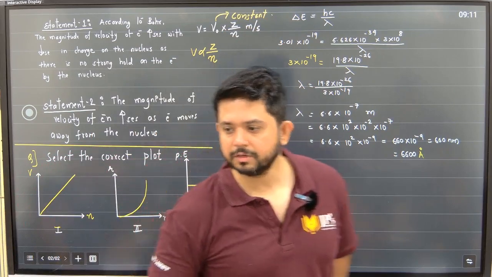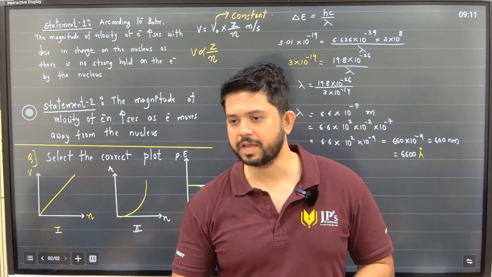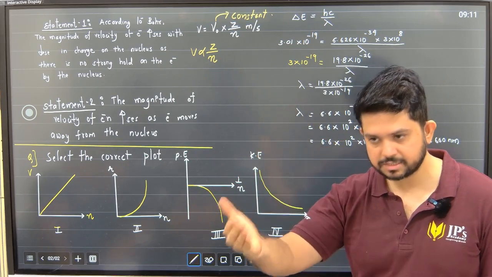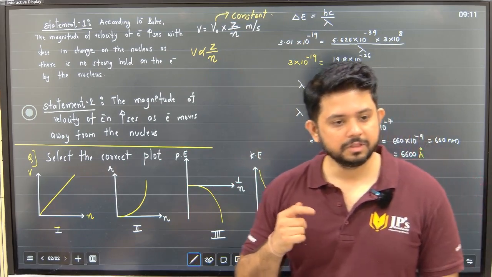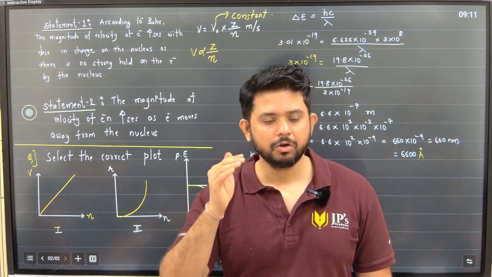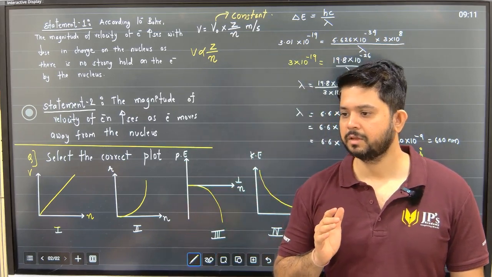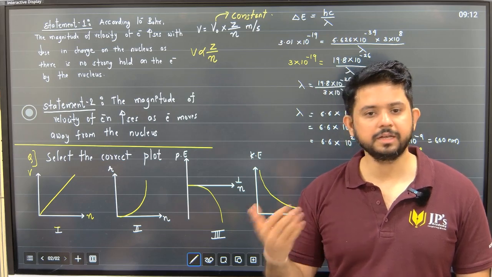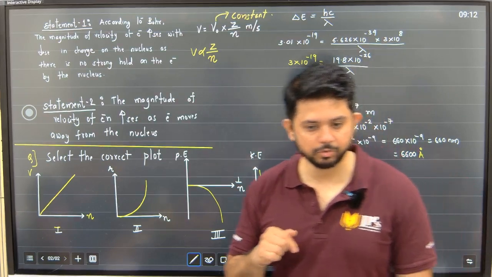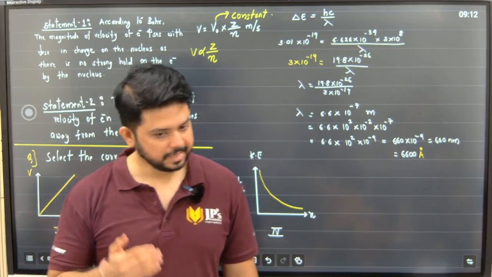What is Z here? Atomic number. So can anyone tell me, as the atomic number increases, will the charge on the nucleus increase or decrease? I repeat, as the atomic number increases, there will be more protons inside the nucleus, and hence the charge on the nucleus will increase.